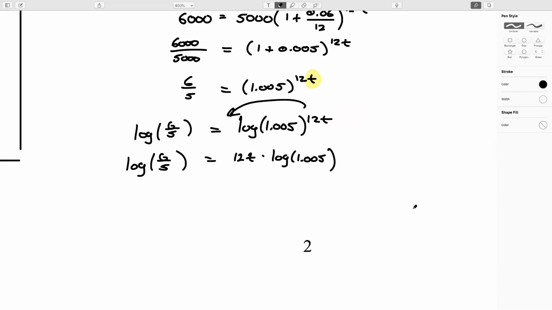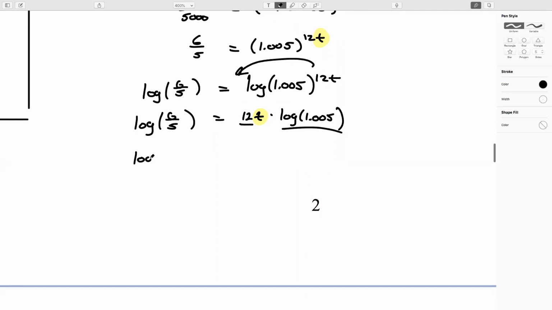And now we need to get rid of the 12 and the log in order to isolate time. I'm just going to divide them at once. You can do it in 2 steps if you want. So log of 6 over 5 divided by 12 times log of 1.005 equals time.